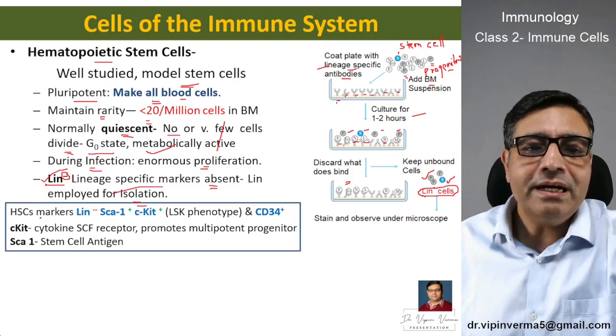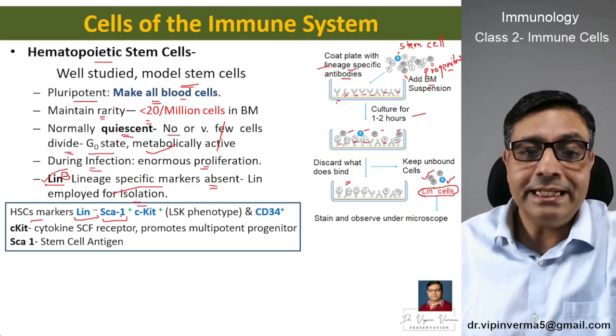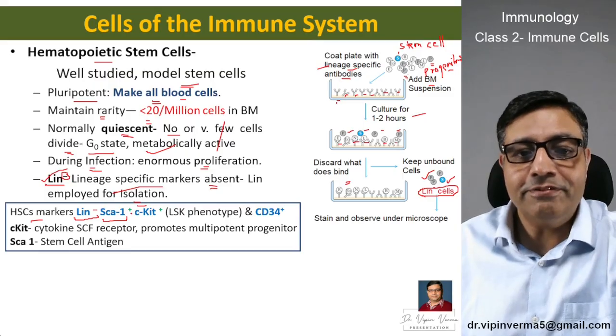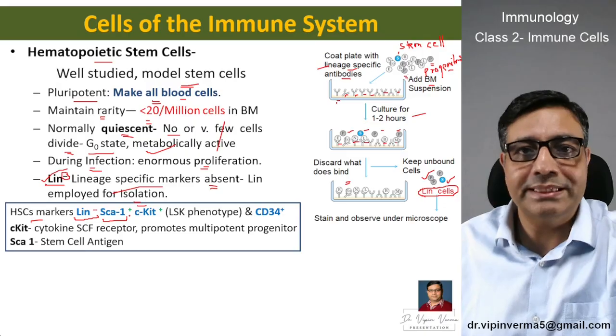So if we see the hematopoietic stem cell markers, they are lin negative, that means lineage negative, then SCA1 positive. Now this is a protein, SCA1. Hematopoietic stem cells express this marker, and that's why it is positive. All the markers are positive which are expressed on a cell.